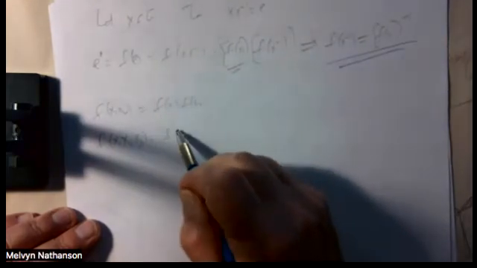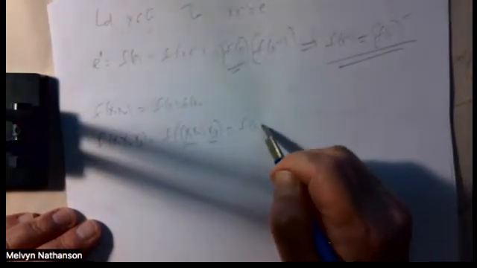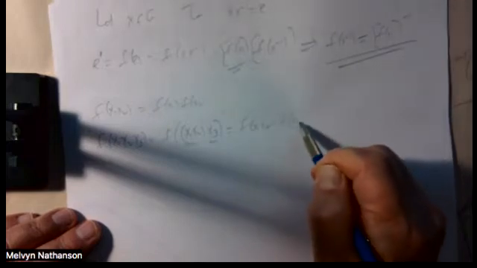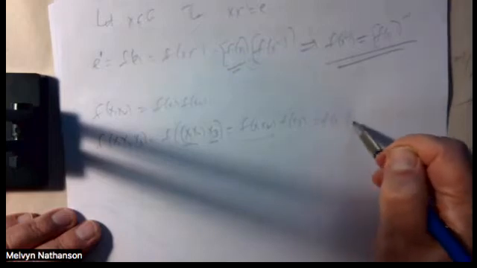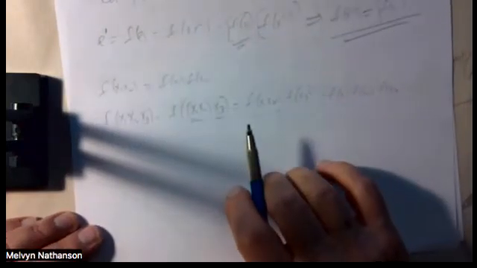So if I take a product of three elements, that's f of x1 x2 times x3. So this is f of x1 x2 times f of x3. But this is f of x1 times f of x2 times f of x3. And it should be clear we can continue this by induction.